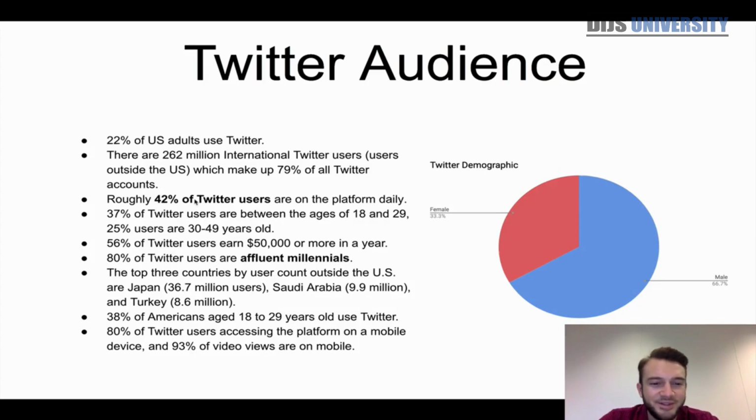Now, I'm not going to go through every single one of these stats one by one, so I'll just quickly rapid-fire go through them. 37% of Twitter users are between the ages of 18 and 29.